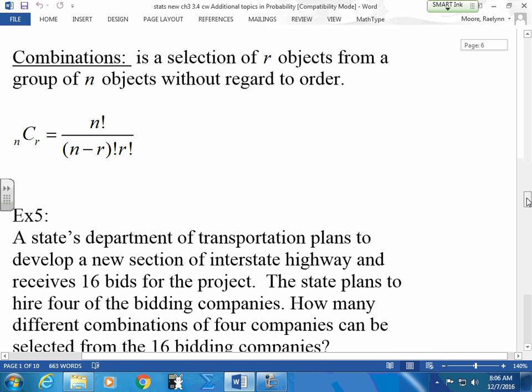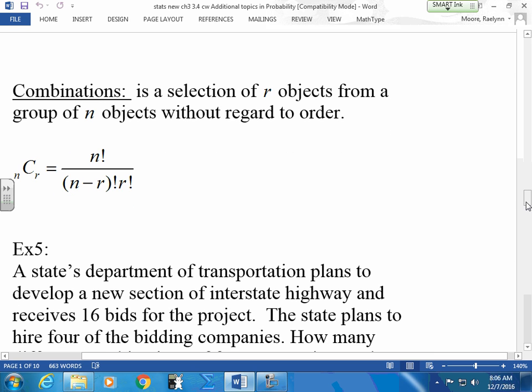And again, I don't write their way to do it. So they say this. They say 3 things 2 at a time. Take n factorial. They do theirs a little different than mine. They take n factorial, which is your 3, over 3 minus 2, 1 factorial times r factorial, 2 factorial.